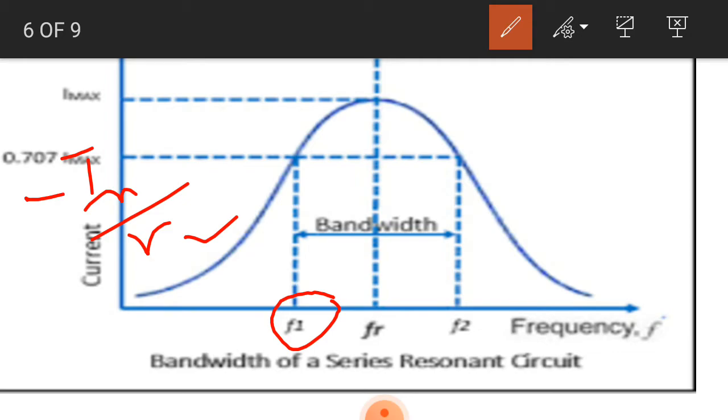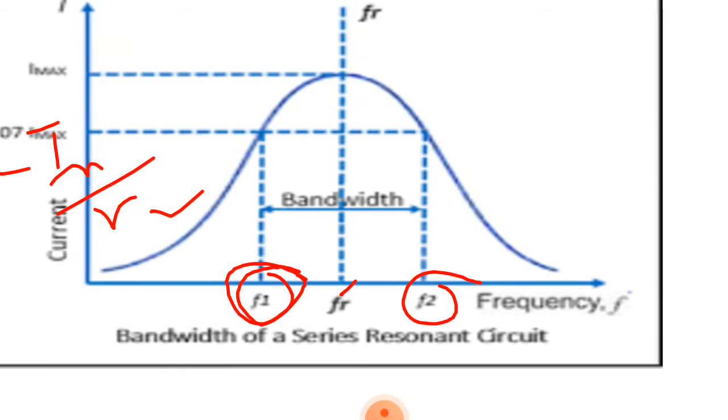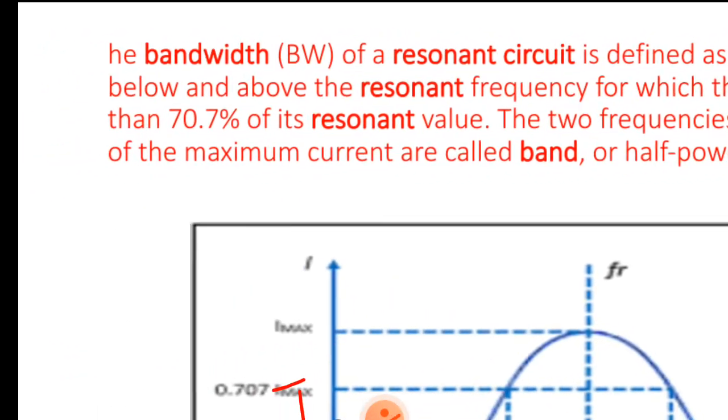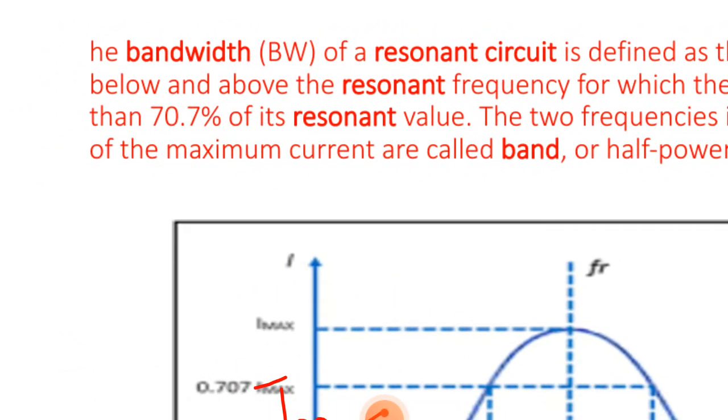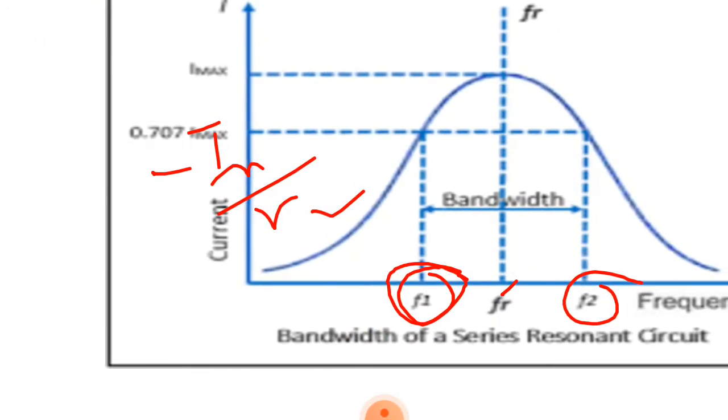This is possible for two frequencies: one frequency lower than the resonant frequency, one frequency higher than the resonant frequency. These two frequencies we will call the band. The frequency F2 in the higher range, for which the maximum current becomes 70.7%, that is 1 by root 2 times I maximum, we will call the higher side band.